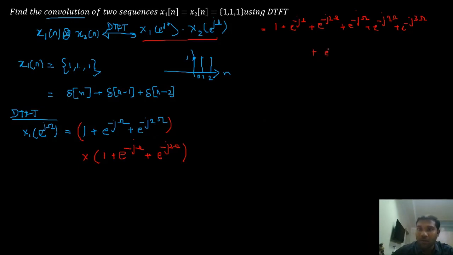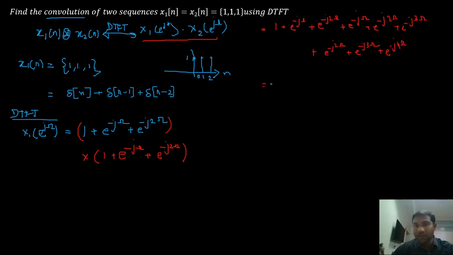So e power minus j 2 omega plus e power minus j 3 omega plus e power minus j 4 omega.